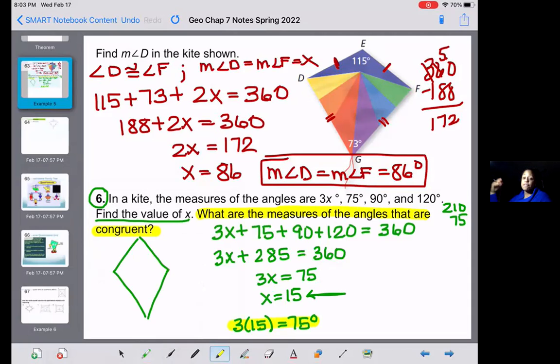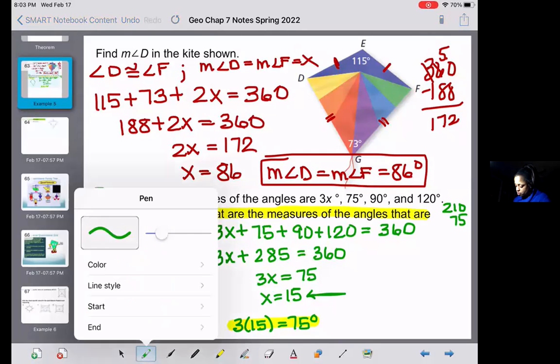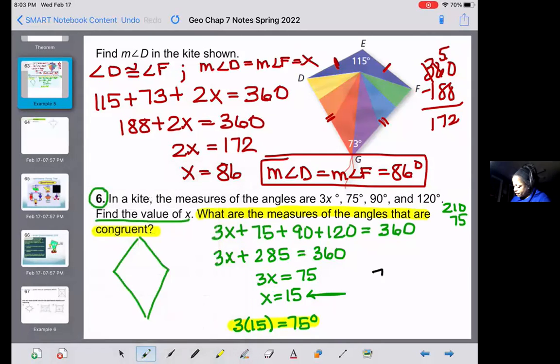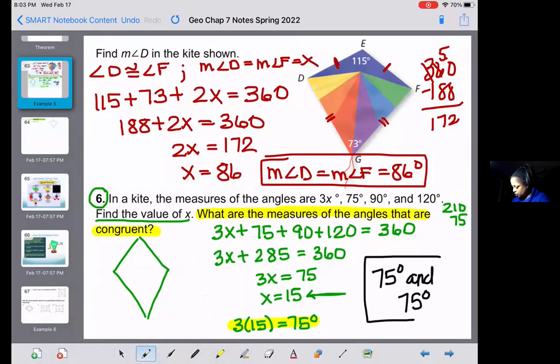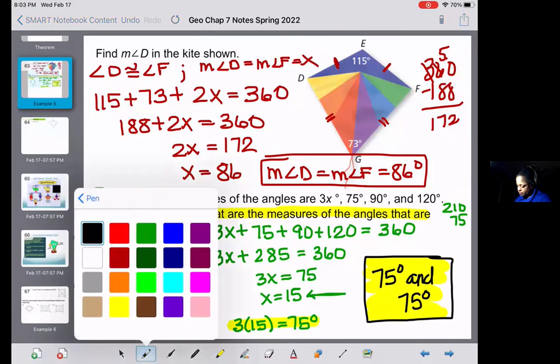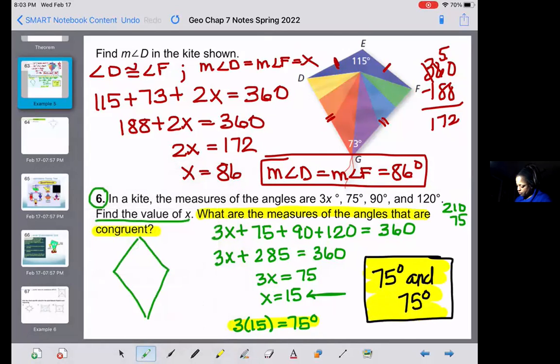And then you've got 75, 90, and 120. The question is asking what are the measures of the angles that are congruent. So the answer to that part is 75 degrees and 75 degrees. Those are the two angles that are congruent. So that is for the highlighted part. And then the other part is the value of X.